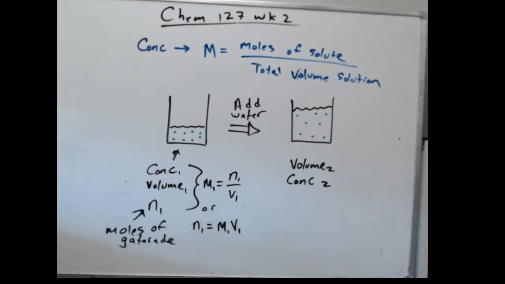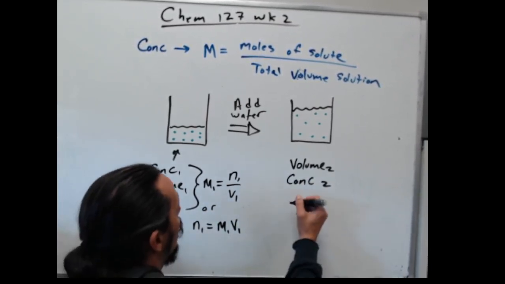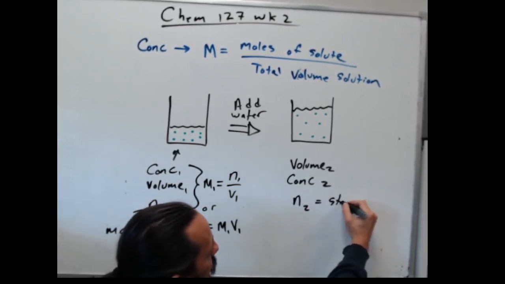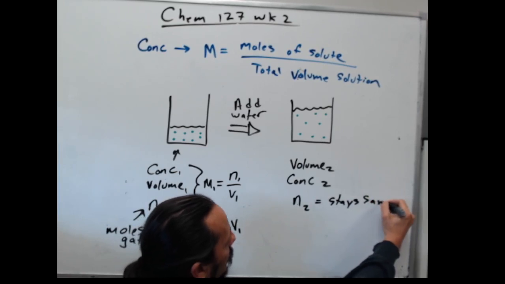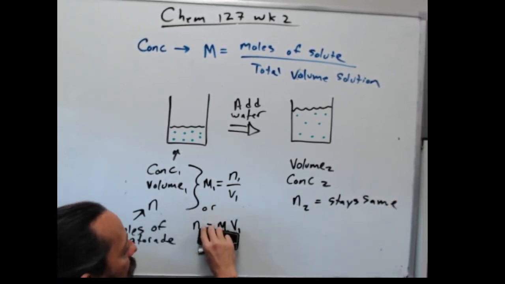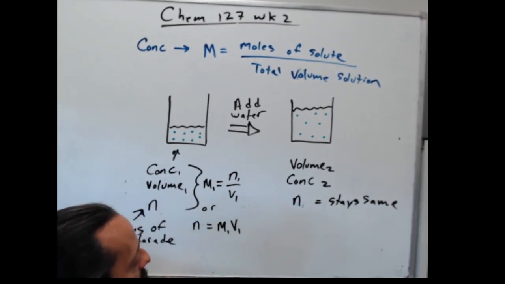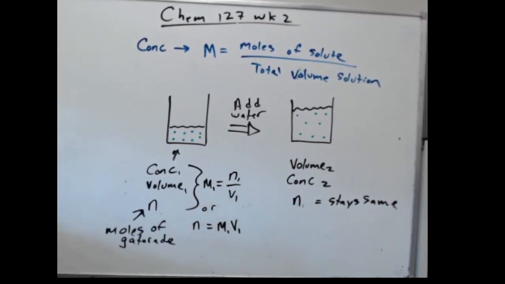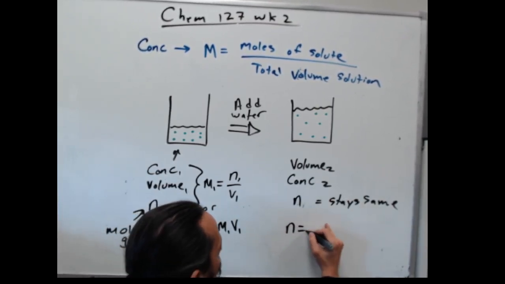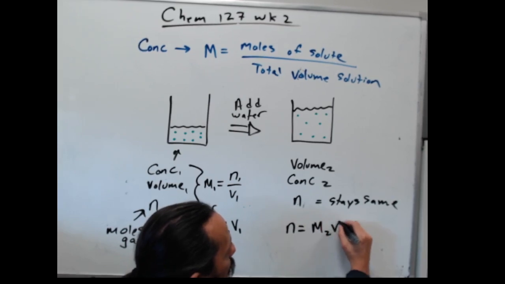Does number of moles change? No, right? My number of moles stays the same because I only added water, so I can erase the subscripts on the moles. Now what this means is I have a second equation over here, moles equals M2V2.